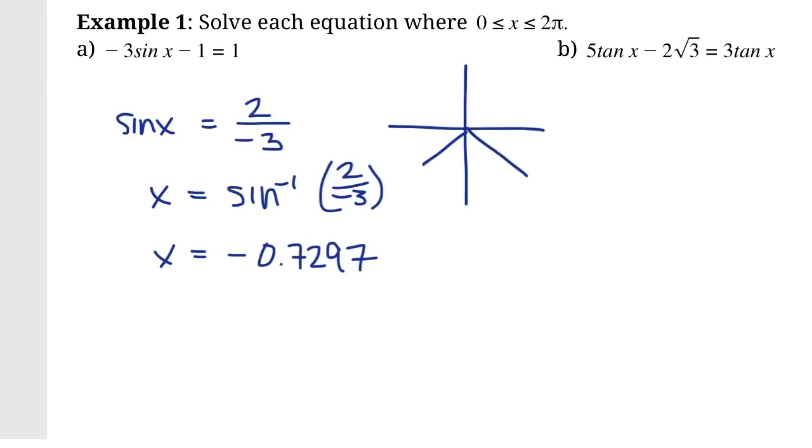In the third and fourth quadrants, that's where sine is going to be negative. So we know we're going to have two solutions in the third and fourth quadrants. Now, when we do this in our calculator, what is it actually giving us? Essentially it's giving us the smallest angle, negative 0.73 approximately. And that is actually this angle here, right?